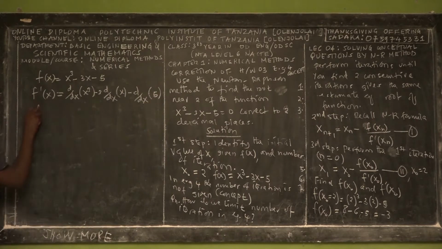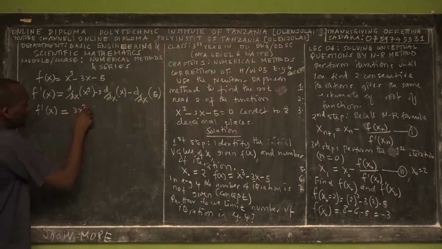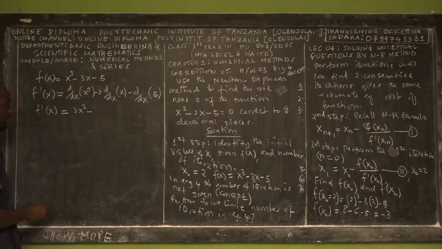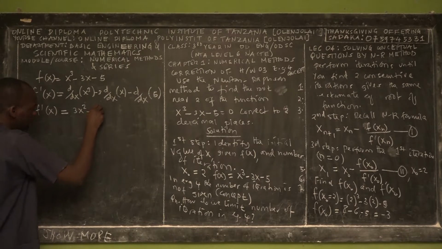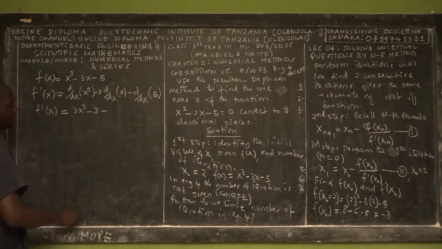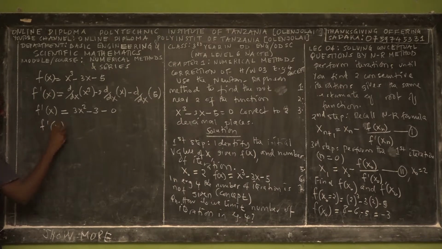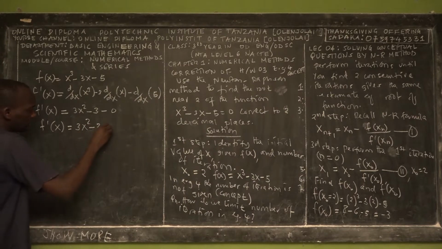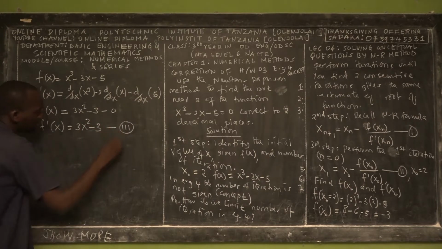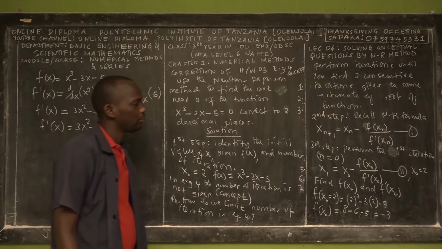If you differentiate this, you get 3x squared minus... differentiating x with respect to x gives 1, times 3, it is 3. Then 5 is a constant, and whenever you differentiate any constant, you get 0. So f dash of x is equal to 3x squared minus 3. This will be equation 3, which we will be recalling every time.